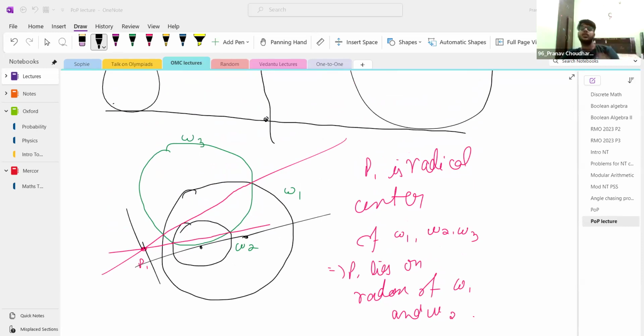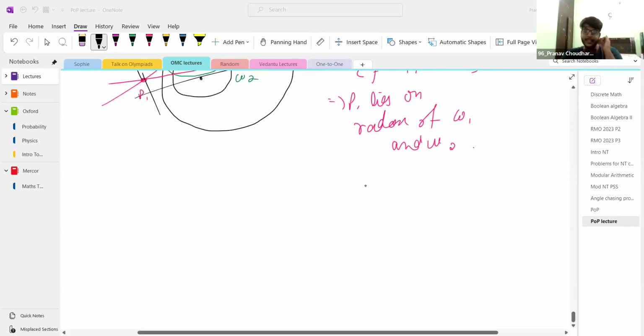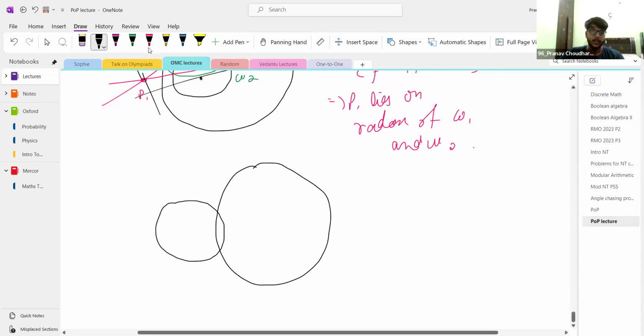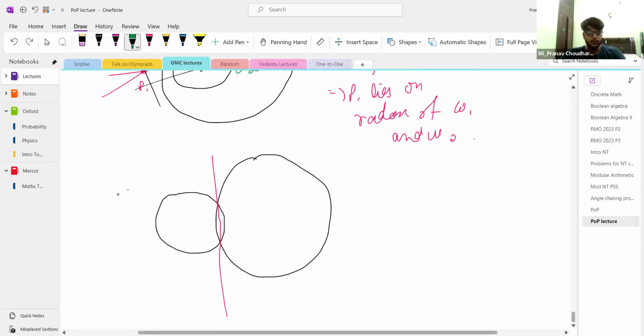Okay, so let's move on to one thing that we had skipped. Suppose I give you two circles. I know the radical axis is this line. Suppose I give you another circle such that the radical axis is parallel.